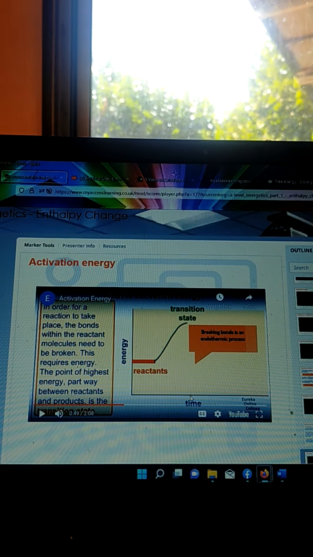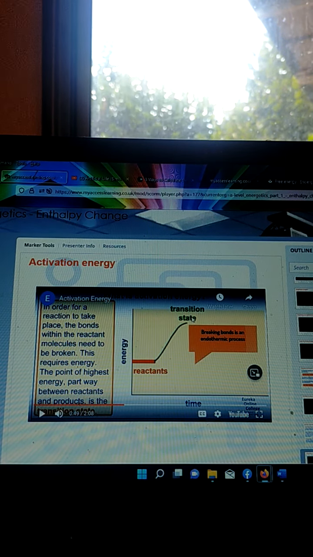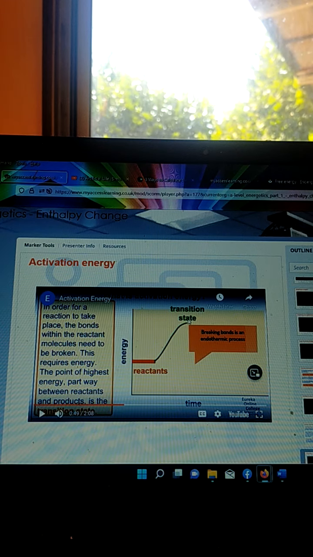Then one can conceptualize these reactants as existing in a transition state. Doesn't necessarily mean that the reactions are all in the transition state. Some of them might be, some of them might still be reactants, some of them by this stage may already have produced products.